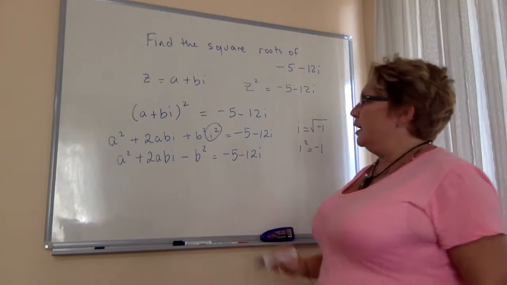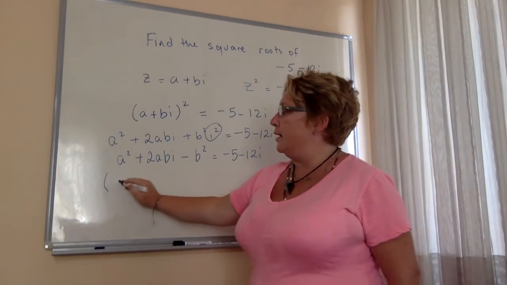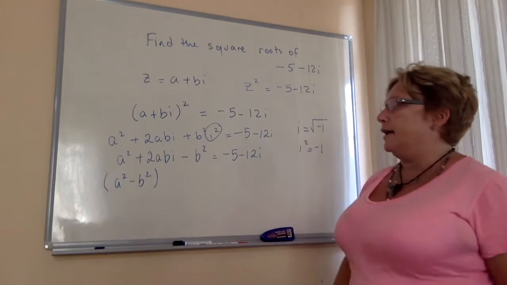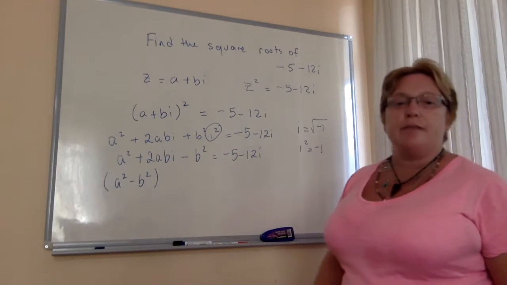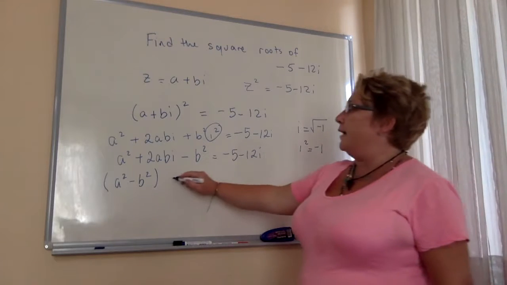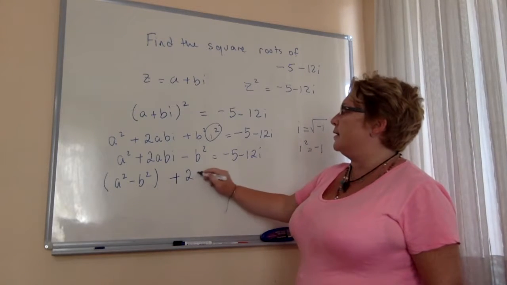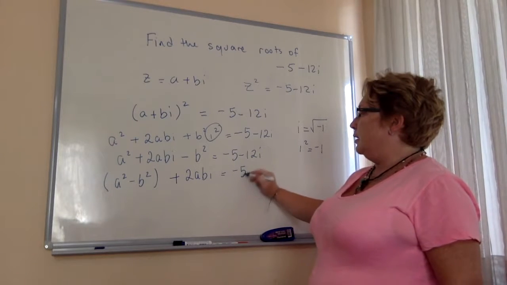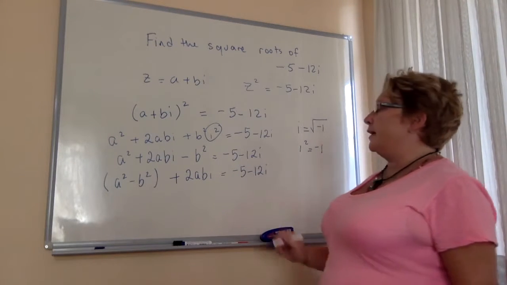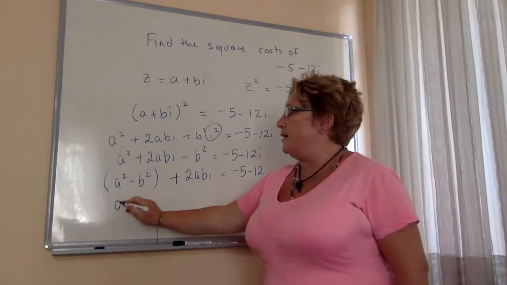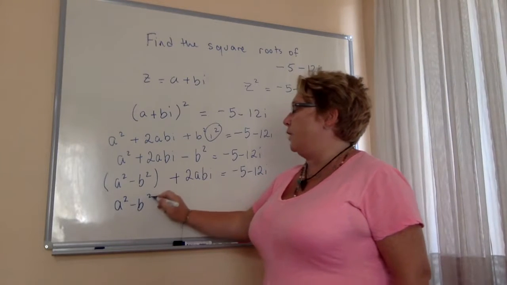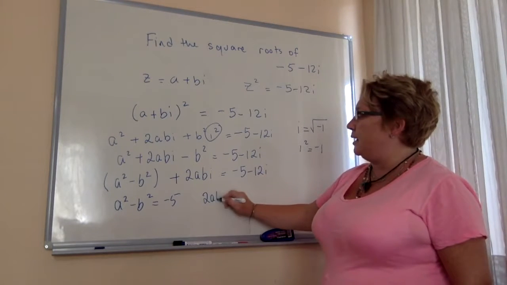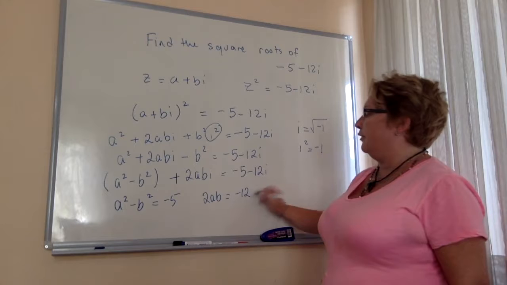Okay? Now the real part of the complex expression on the left-hand side is simply a squared minus b squared, and the imaginary part is simply 2ab. So what I can now say is a squared minus b squared equals negative 5, and 2ab equals negative 12.